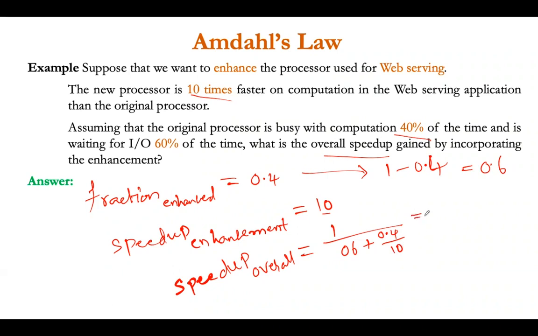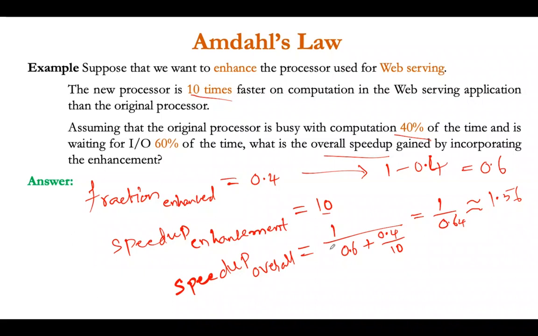If you simplify this, you will get 1 divided by 0.64, which is approximately 1.56.